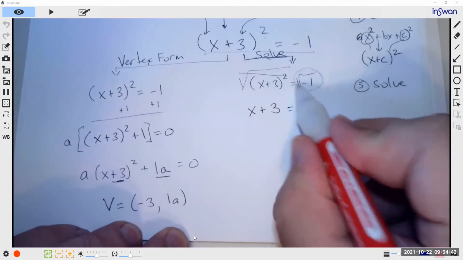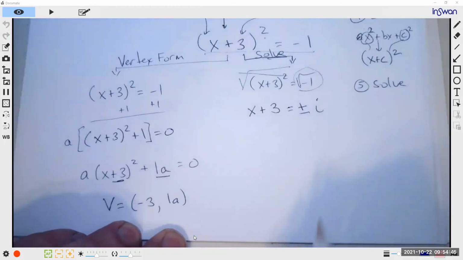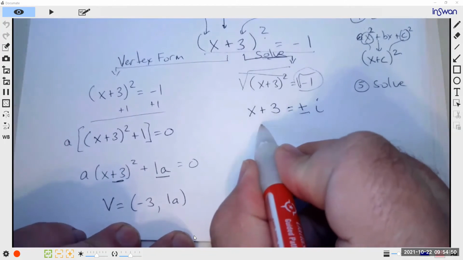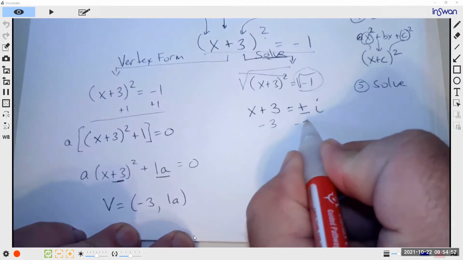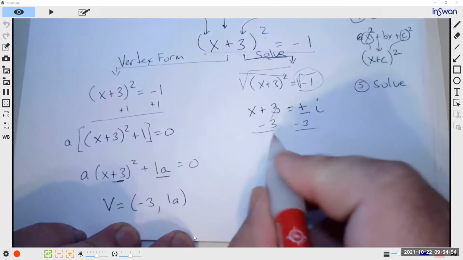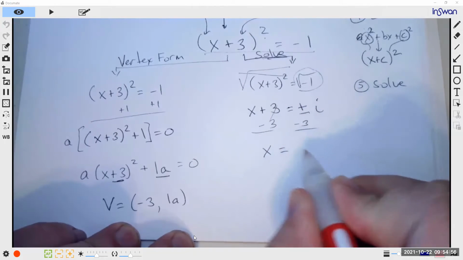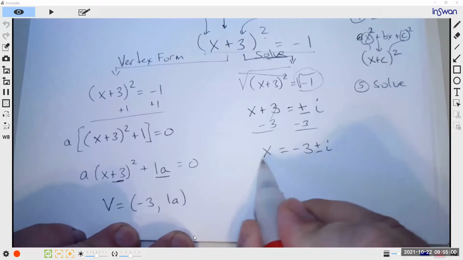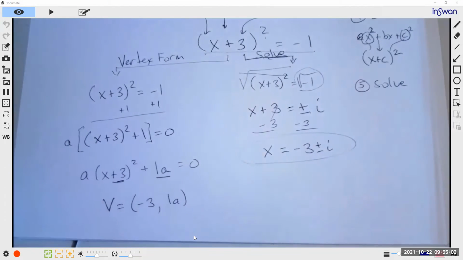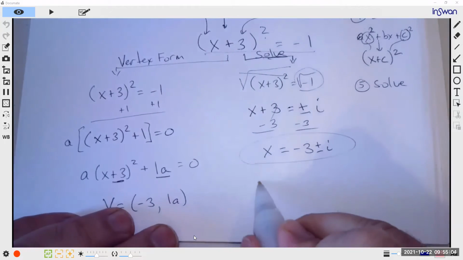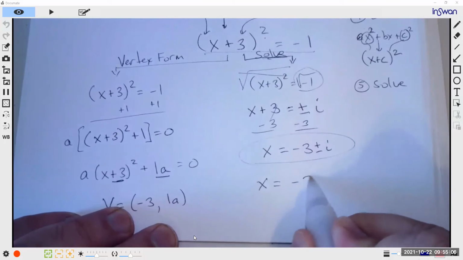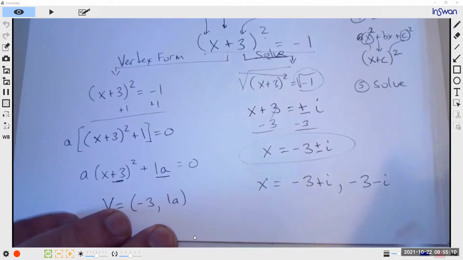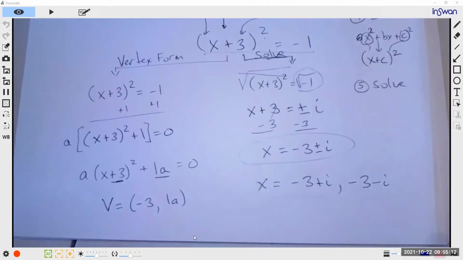The square root of -1 is i. And then subtract 3. x equals -3 plus or minus i. And there's your solution. Your answers are x equals -3 plus i and -3 minus i. This is the way that you have to answer it in the computer.